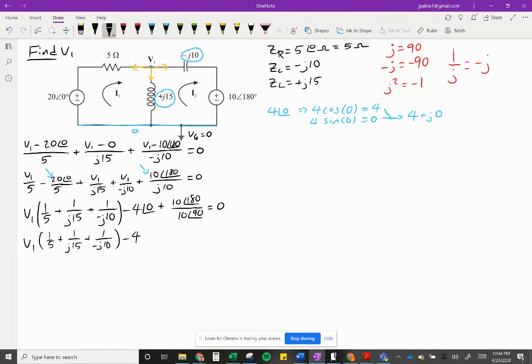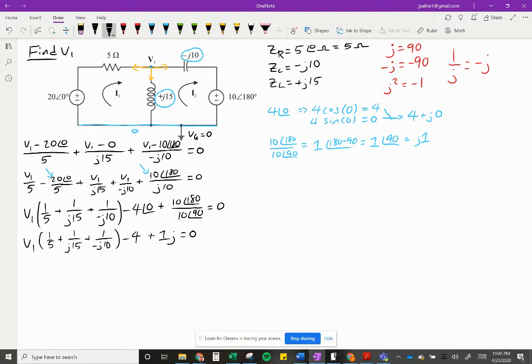Then 10 at angle 180 over 10 at angle 90 gives us 180 minus 90 degrees, which is 1 at angle 90 degrees, the same thing as saying J1. So here I will write plus 1J, and that is still equal to 0.